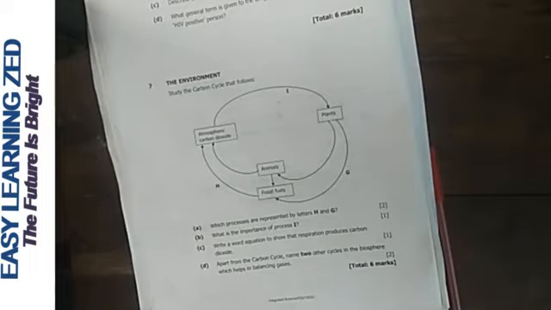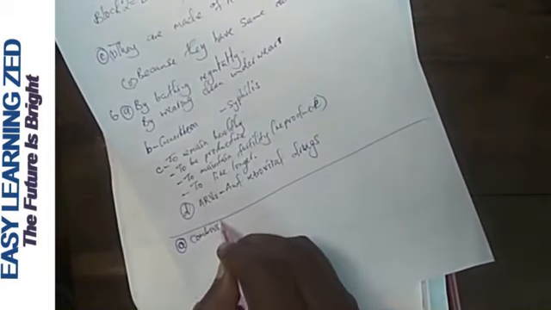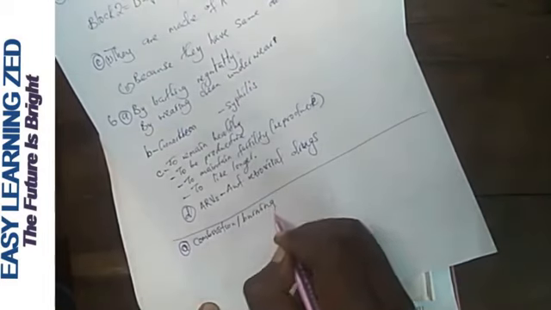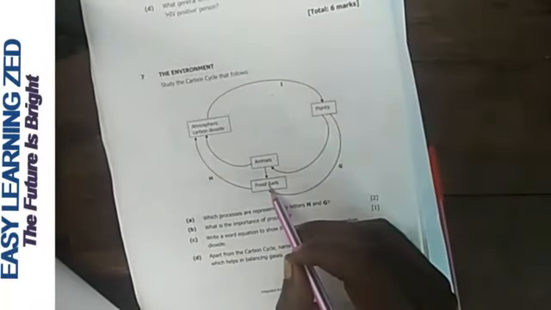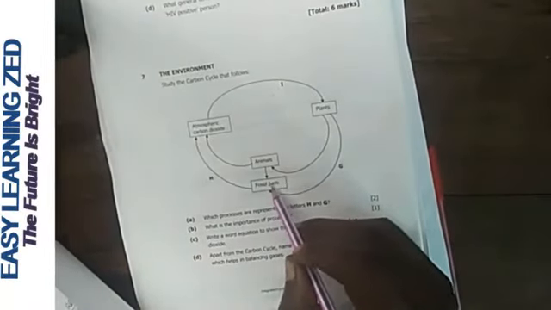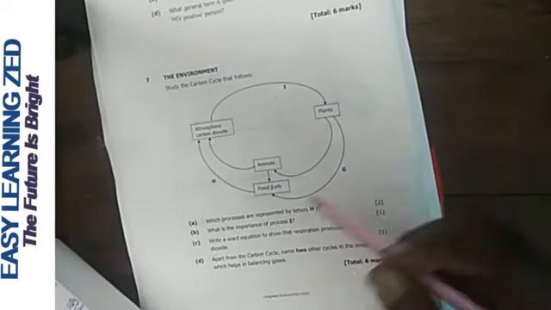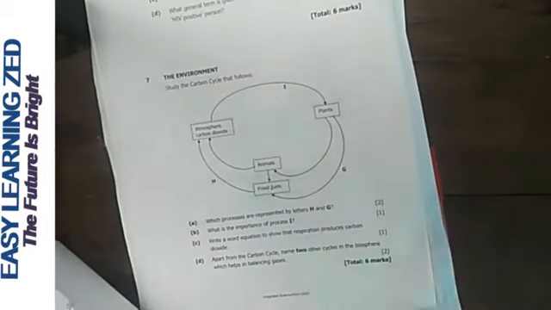Okay, so what will be the answer for number 1? We are saying H. What is H? H is combustion, or burning. Burning of fossil fuels, mainly coal that is being used in industry. So when it's burnt, it's going to produce carbon monoxide, which can become carbon dioxide, or it can produce carbon dioxide.